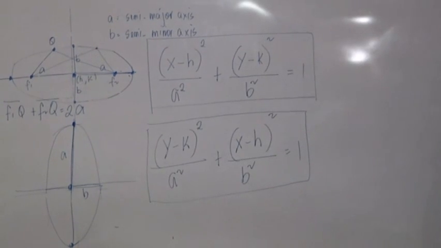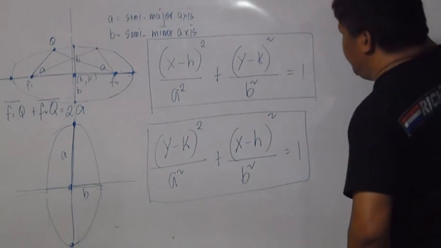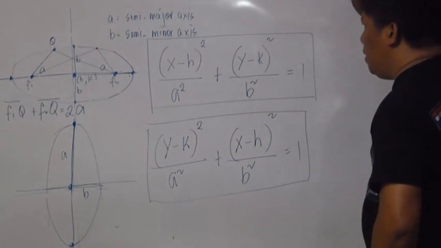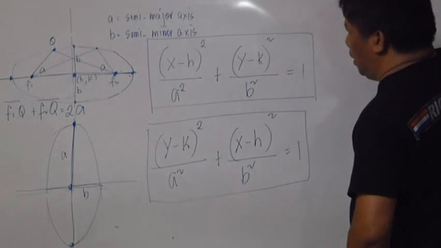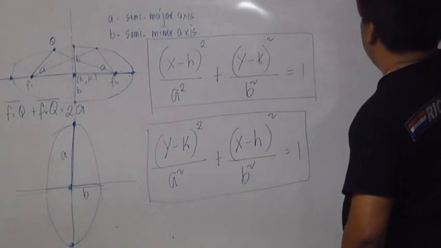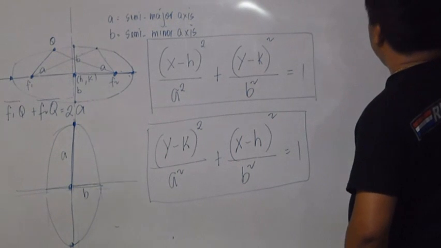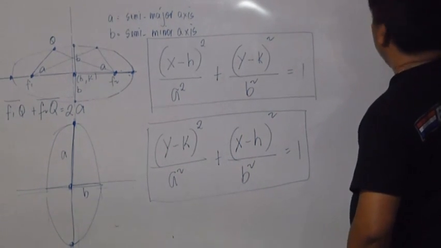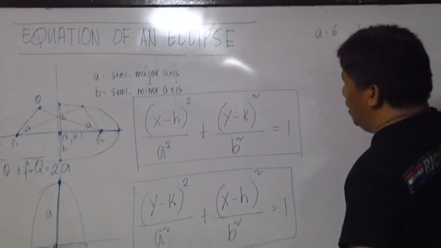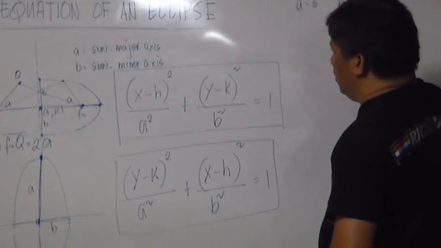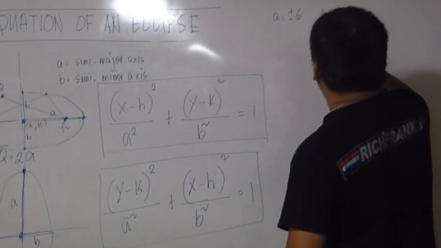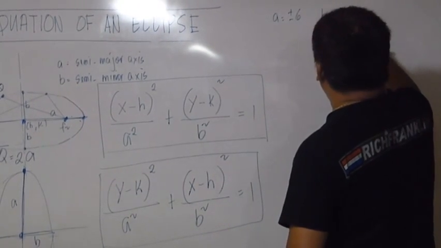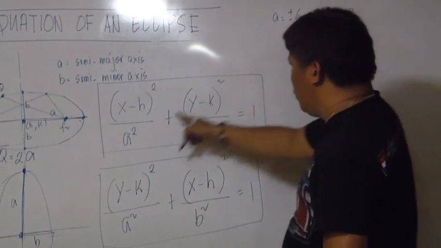Now, assuming that our A is 6 and B is, let us say, 3 units, but these must be positive and negative, plus or minus 3, because we are dealing with squares.